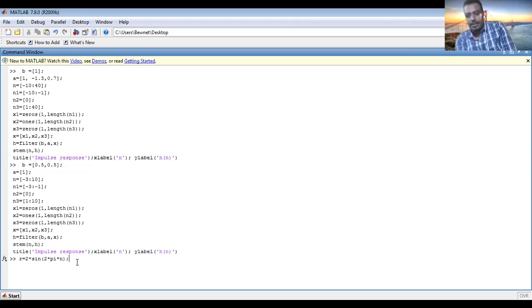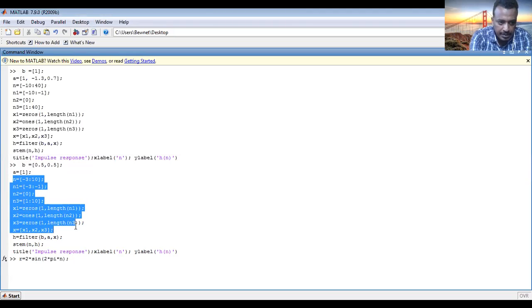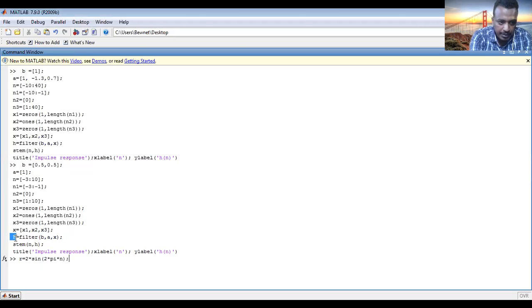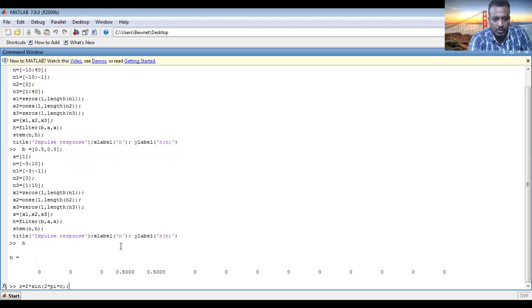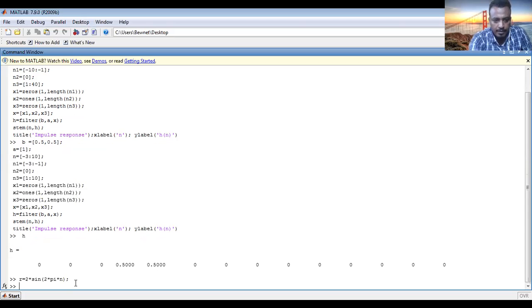For our system, this is our system. This is the unit impulse, and we calculate h using filter. Now we know h, the impulse response. Now what will be the output?